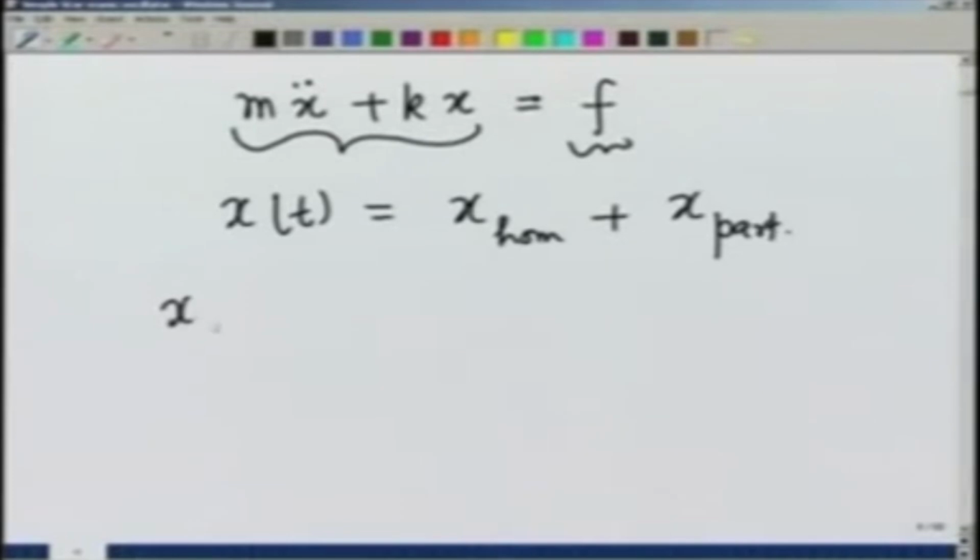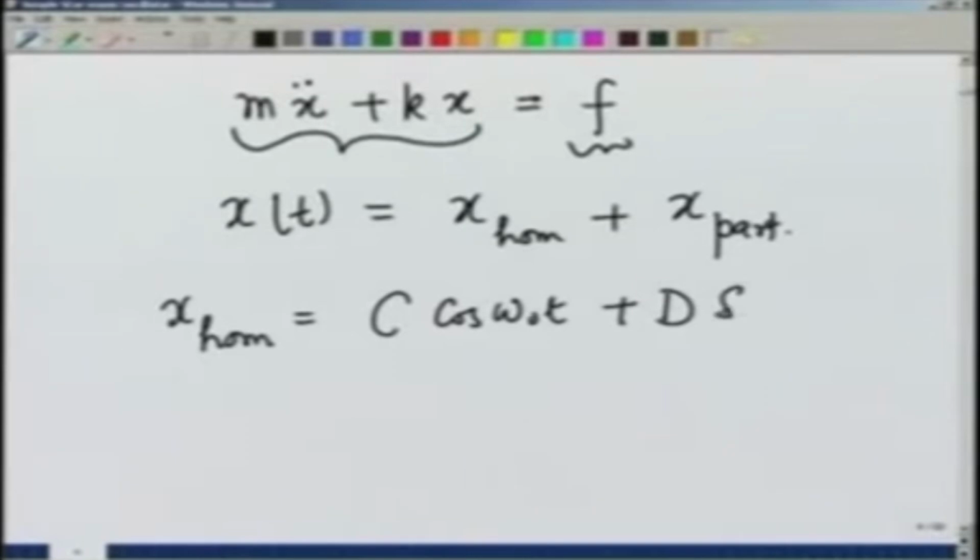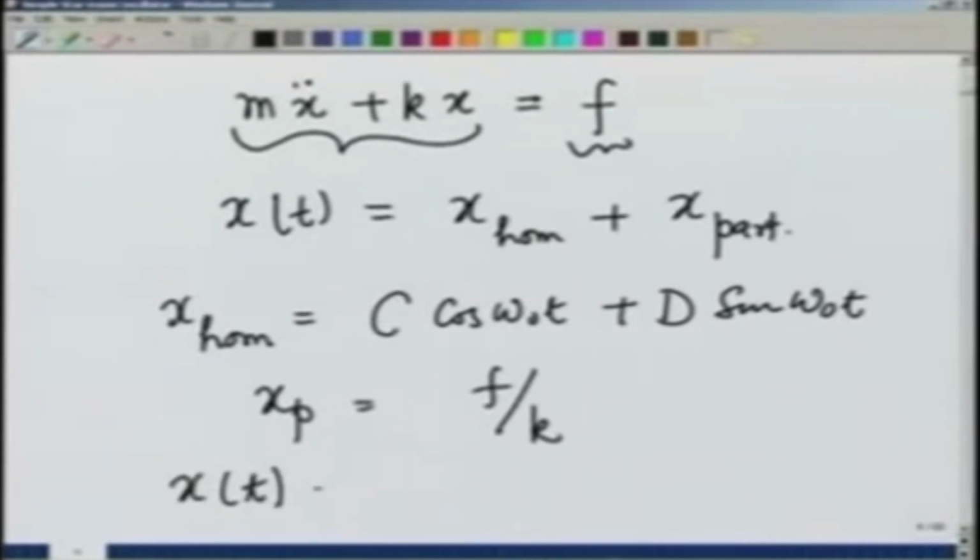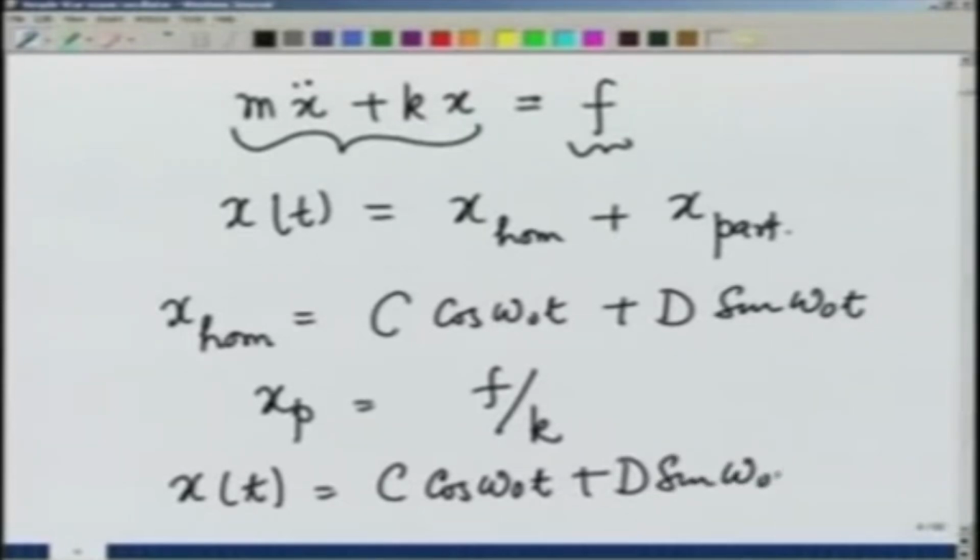X homogeneous I already know is equal to c cosine of omega 0 t plus d sine of omega 0 t, and you can verify that x particular in this case is going to be F over k, and therefore, the solution x(t) is going to be c cosine of omega 0 t plus d sine of omega 0 t plus F over k.